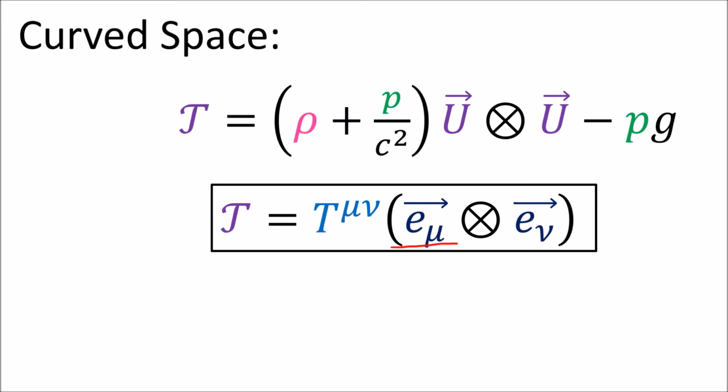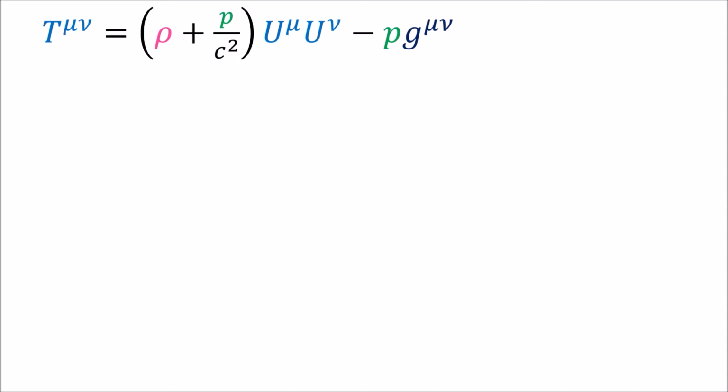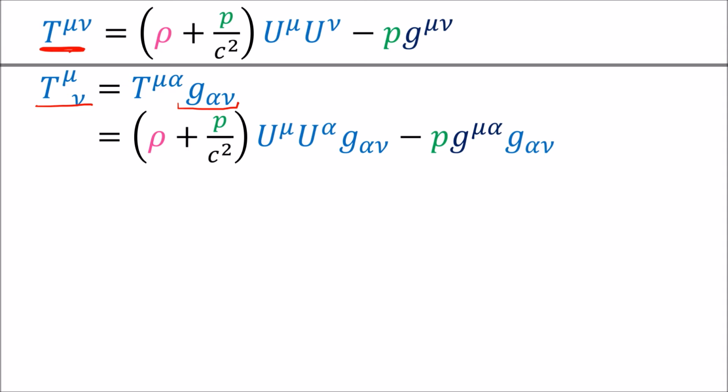But if we choose a basis, we can write the tensor as a linear combination of this basis. And so we get the components of the EM tensor, the components of the 4 velocities, and the components of the inverse metric, since we're dealing with upper indices. So this is the EM tensor for a perfect fluid with upper indices. But we can also get a version with one upper and one lower index, if we lower one of the indices using a summation with the metric.